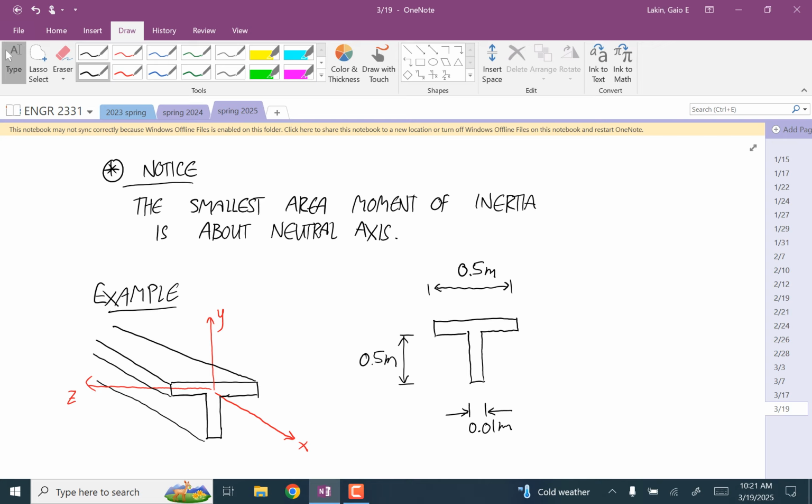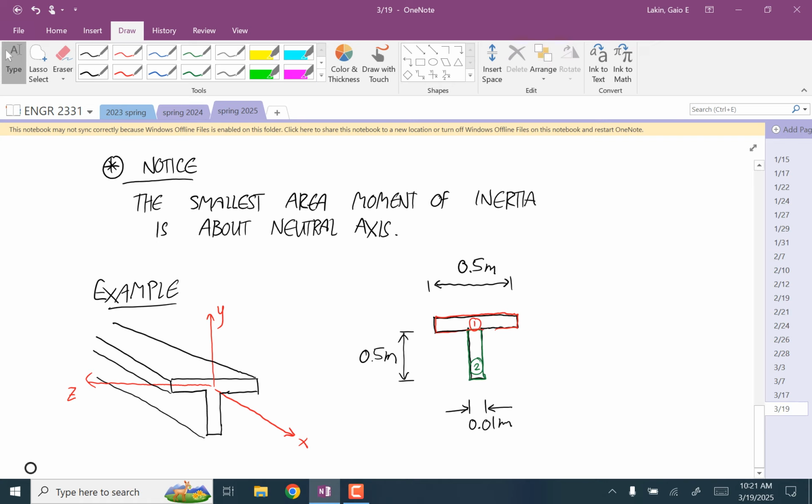Okay, so I'm going to break this up into a rectangle here and a rectangle here. What's the width of the middle? That's also 1 centimeter.